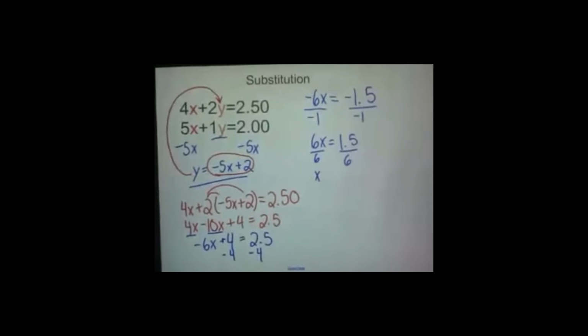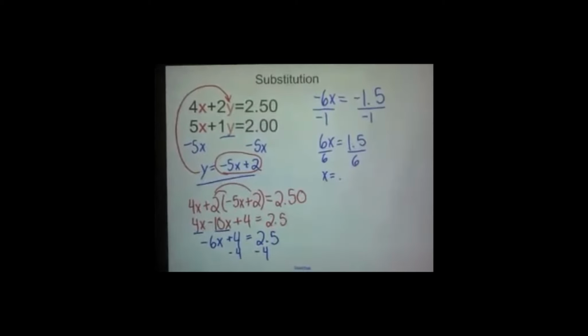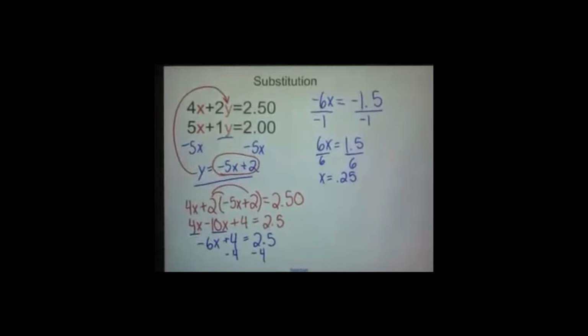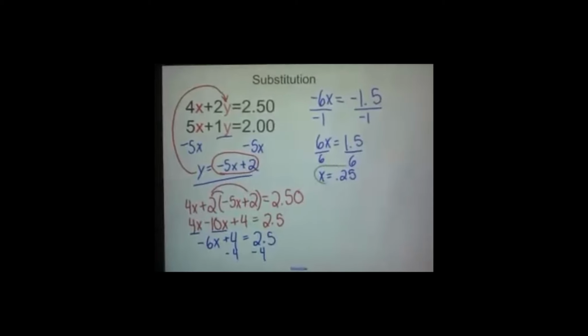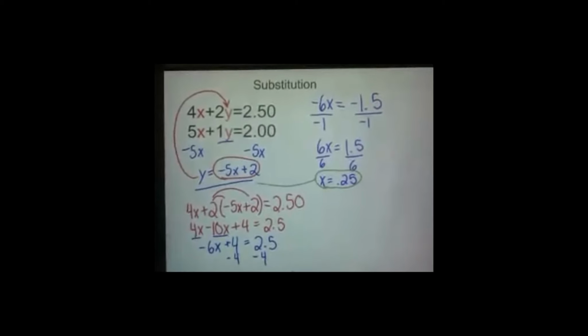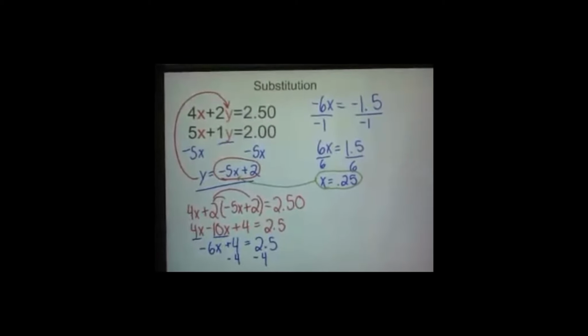And we get our x to equal 0.25. So now that we know what x equals, it's really easy to plug this back into the equation where we got y by itself.